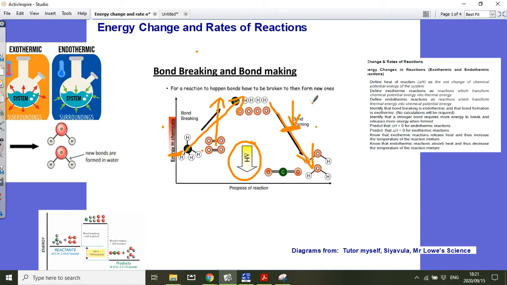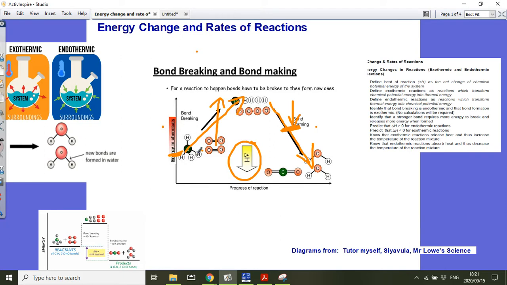It just depends on how much I give out. If I give out more than what I took in, then it's exothermic. If I give out less than what I took in, then it is endothermic. Now that is why if we define an endothermic reaction, it transforms thermal energy into chemical energy.